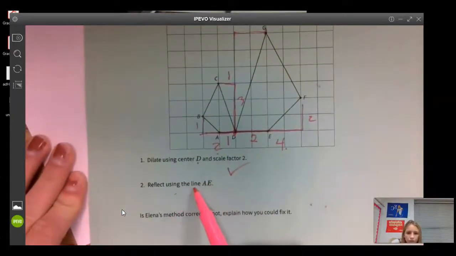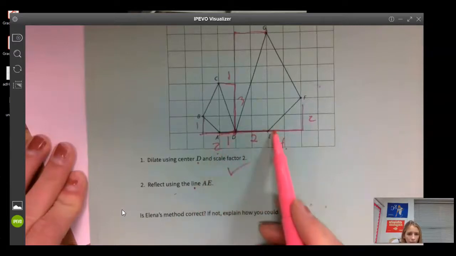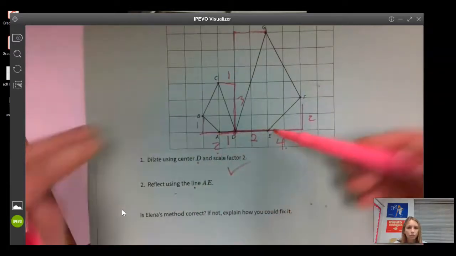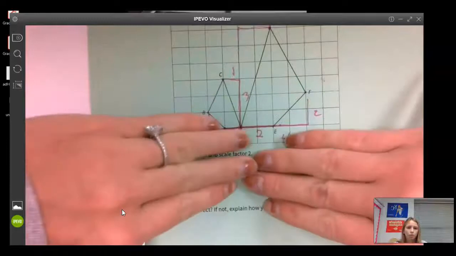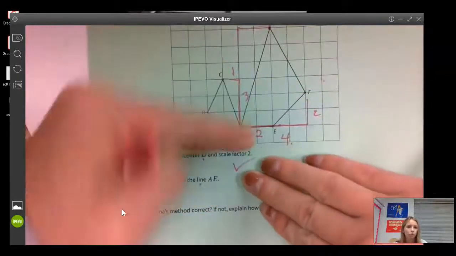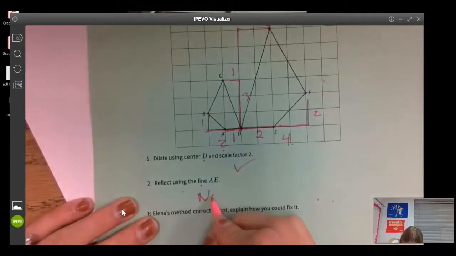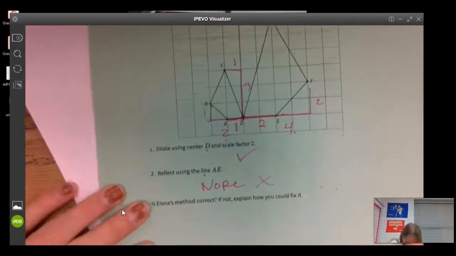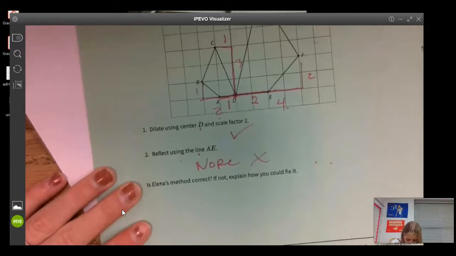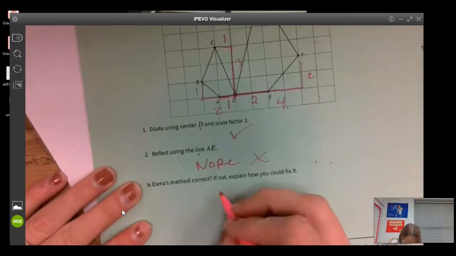Now it says reflect using line AE. Well, if we did that, these shapes would then be reflected this way, or this one would be reflected that way. Is that what happens? Nope. So this method is not correct.